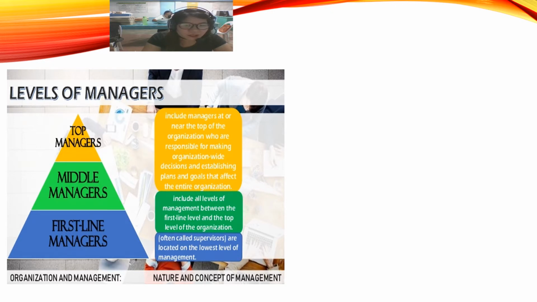Middle managers include all levels of management between the first line level and the top level of the organization. Lastly, first line managers. These managers are located on the lowest level of management.